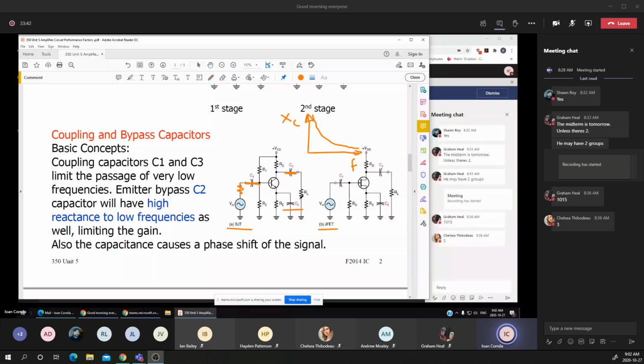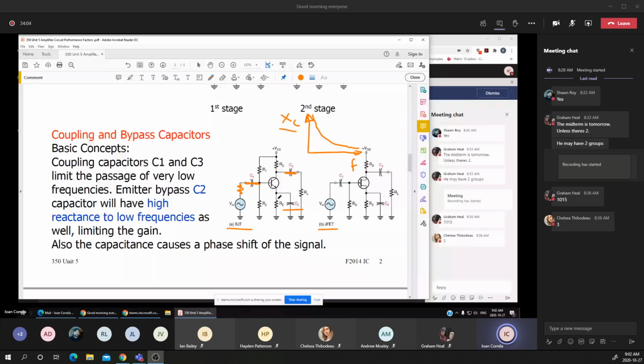And you notice that as we are increasing the frequency, it will decrease the XC, but the capacitor is connected in parallel with the RE. Means that we can easily calculate the gain of the circuit as RC over RE.